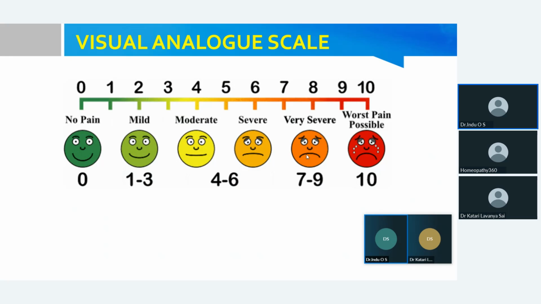It is a scale to see the changes in the severity of pain. 0 to 10 is the scoring. No pain means 0, mild means 1 to 3, moderate means 4 to 6, very severe is 7 to 9, and the worst pain possible is 10. So this is the visual.